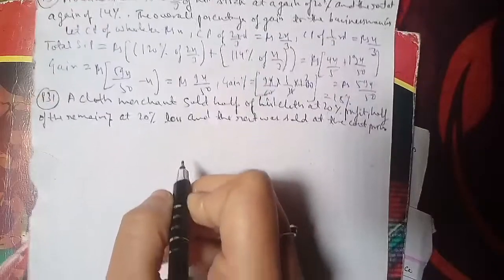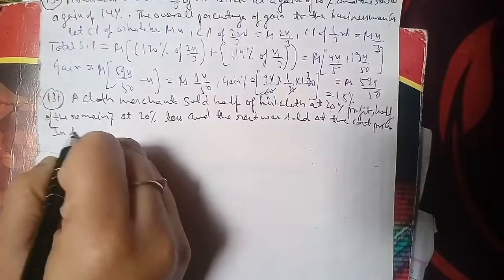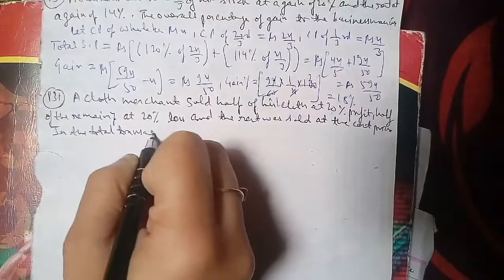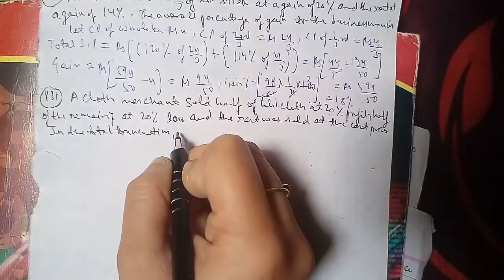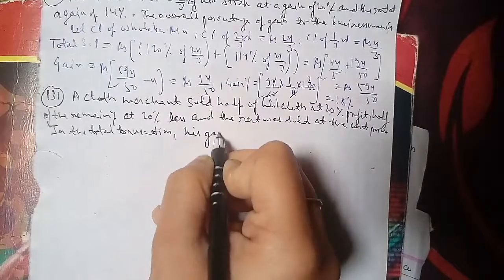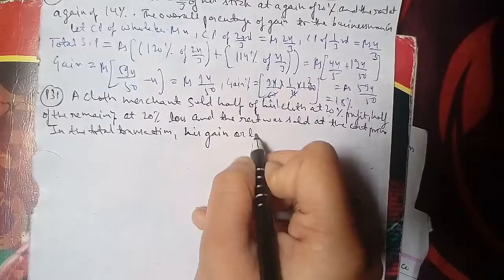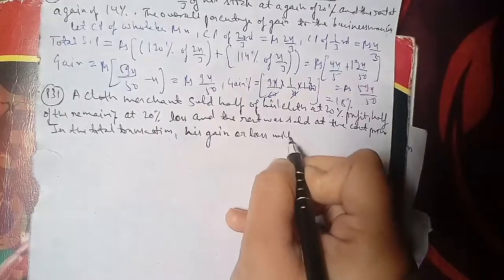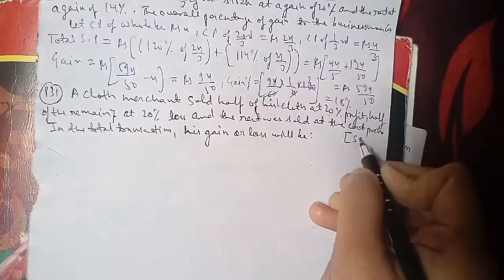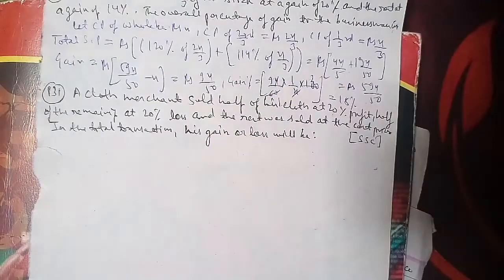In the total transaction, his gain or loss will be, that we have to talk about. This has been asked in the SSC examination paper. The options are neither loss nor gain, 5% loss, 5% gain, 10% gain. So we go ahead for the same.